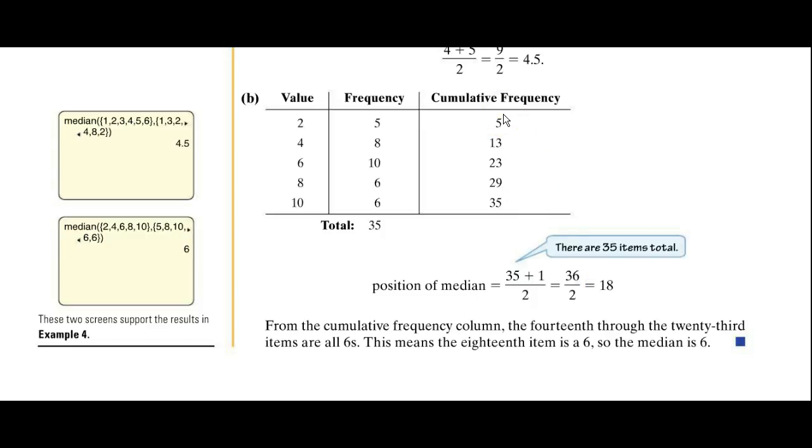So if we go through our cumulative frequency, the 18th item, there is 18 right about there. We can then figure there's a number of 6s that appear at this point, 10 of them, so the median would be 6.